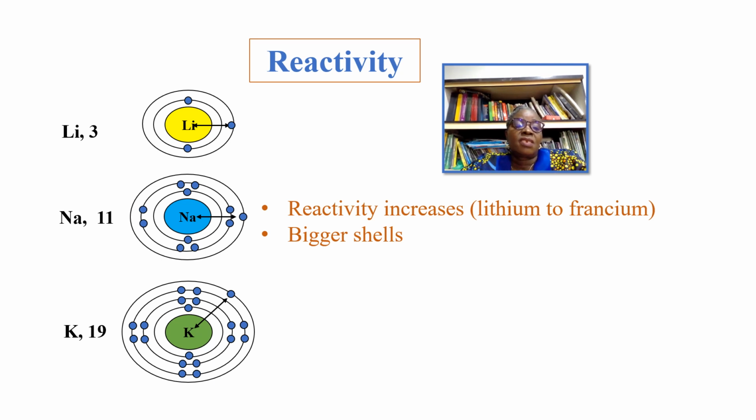The number of shells keeps on increasing, and the atom becomes larger as we move down the group. The larger the atom, the farther the outer electron is from the nucleus, and the force of attraction between the nucleus and the electron is less than for smaller atoms, and the outer electron is lost more easily.